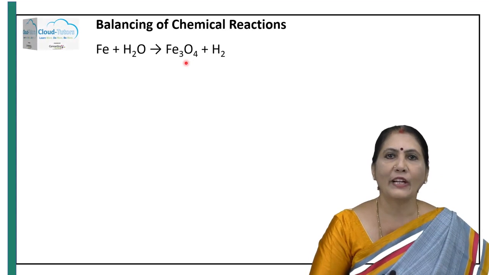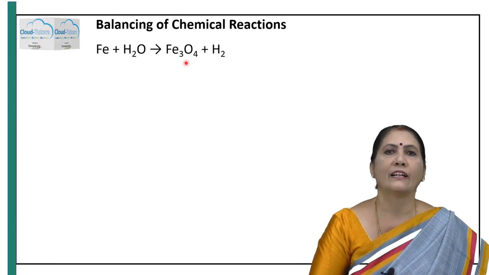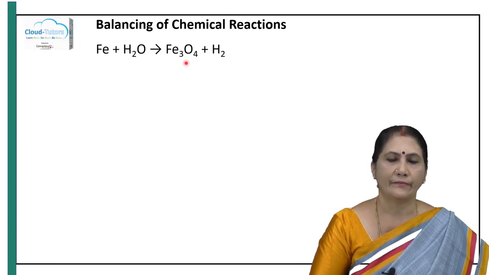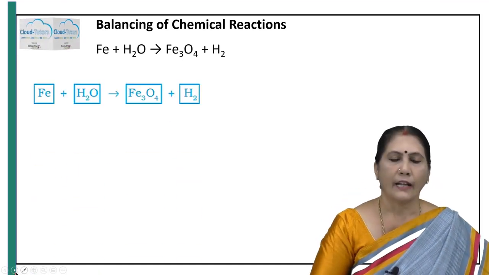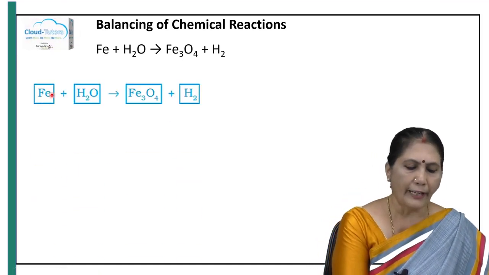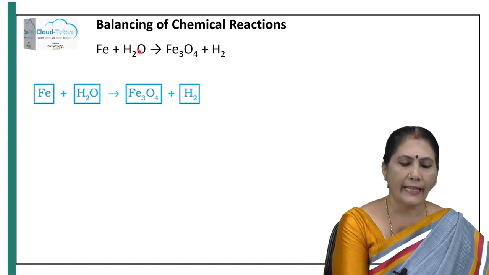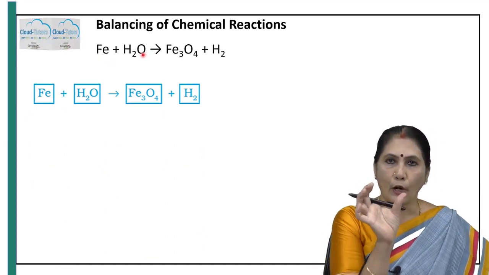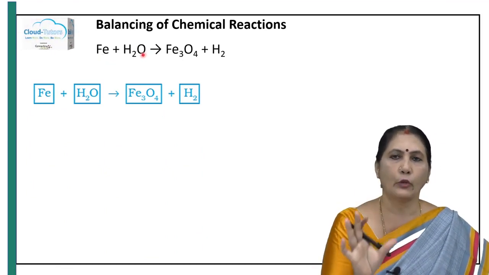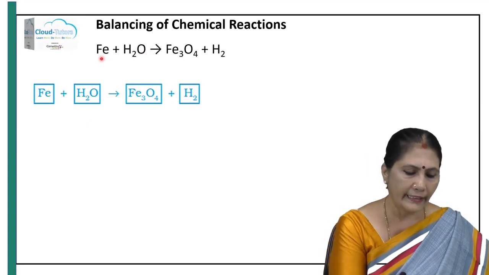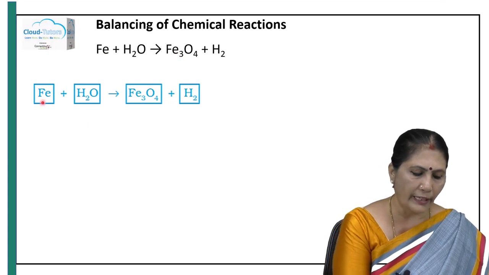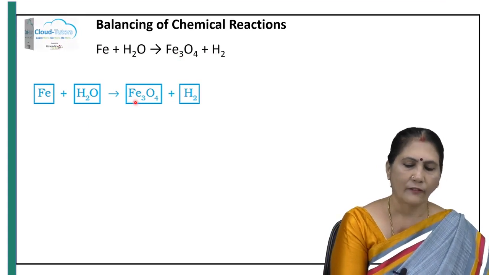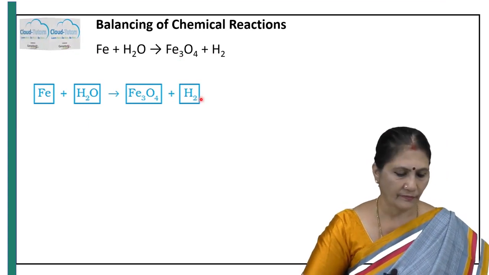It is also known as ferroferric oxide. Now, try to write all the elements and products given in the equation, either in elemental form or in compound form if it is given. Put it in a box for convenience.